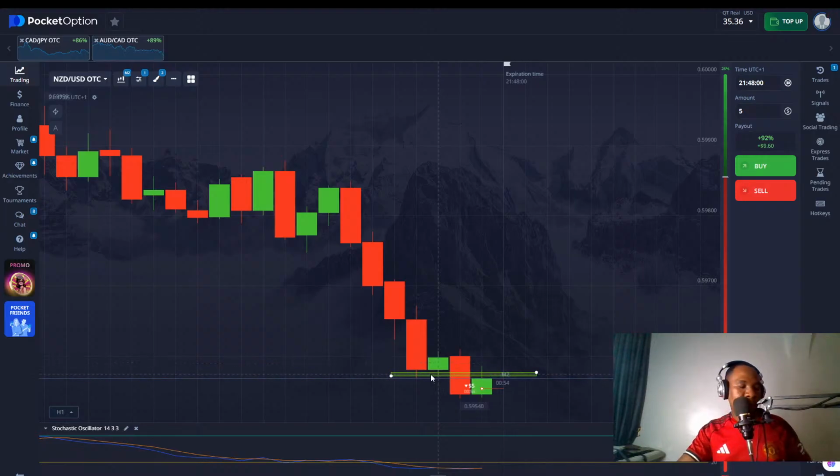So I'm pretty convinced that this candle is going to close bearish. I don't know why it kept staying here. It's supposed to have been rejected by now.